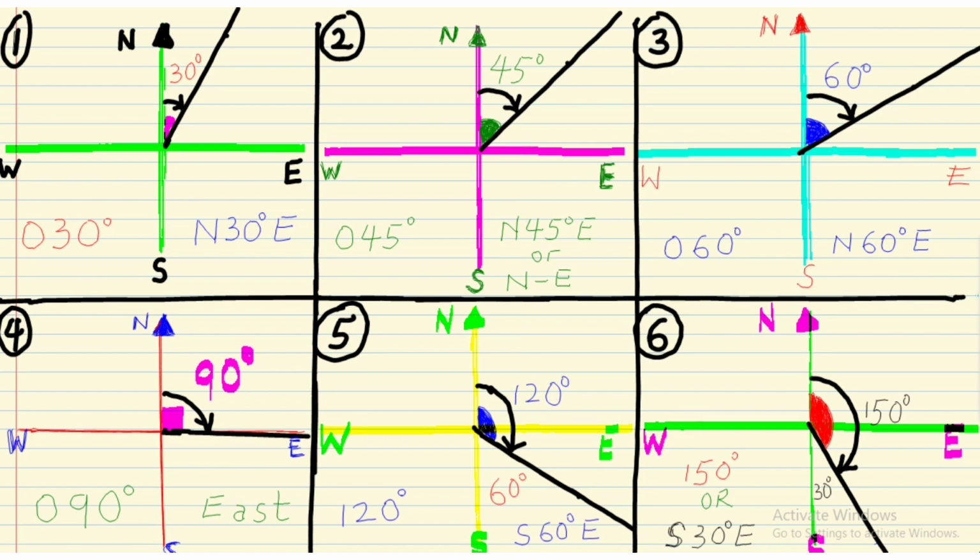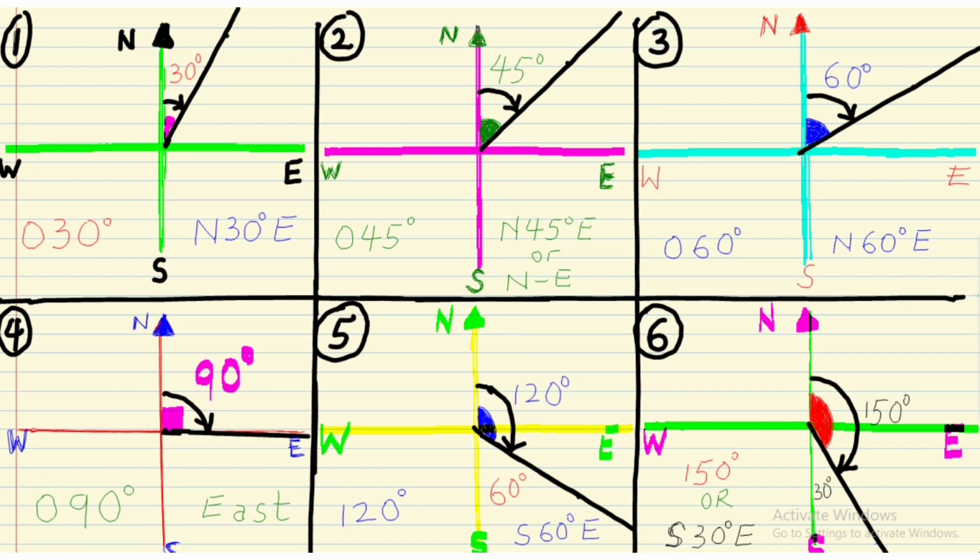So let me look at the first one here. We have 30 degrees. Take note of those black lines. Those are the angles we are talking about. For 30 degrees, we can see that we started from the north and we rotated clockwise until we got to 30 degrees. That's where the black line is.